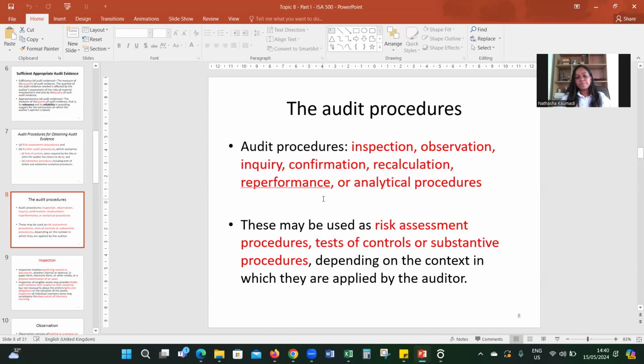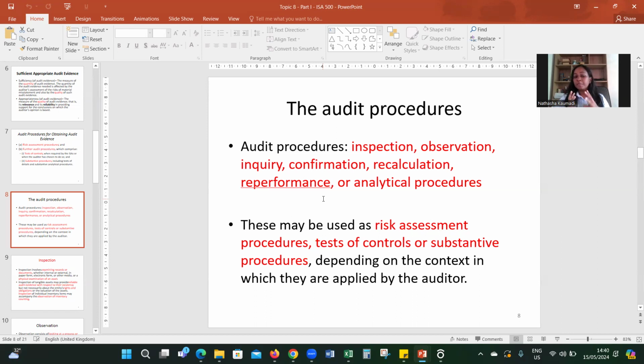And then it can be analytical procedures. We discussed analytical procedures separately as well with the standard, right? You are seeing whether there are any plausible relationships between financial data, or non-financial data. I have discussed several examples for those analytical procedures in the class.